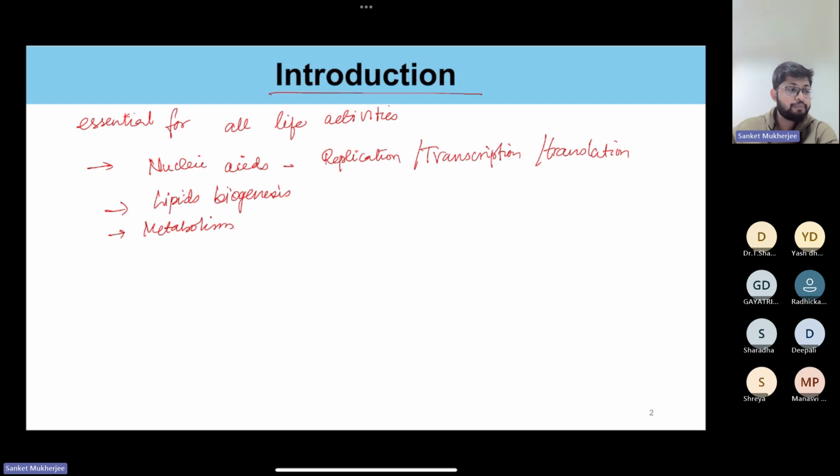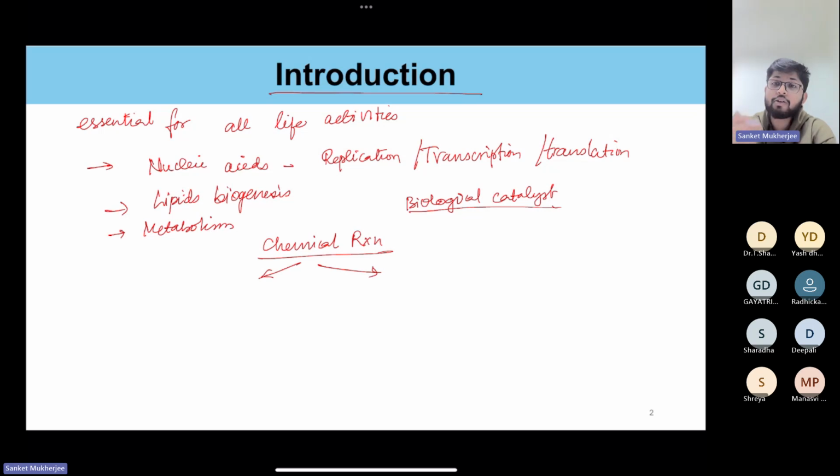Fine. So essentially, enzymes are biological catalysts. You all know this, I assume. They essentially lower the activation energy required for a chemical reaction. Now, when we are talking about chemical reactions, there are again two types, at least in physiological systems.